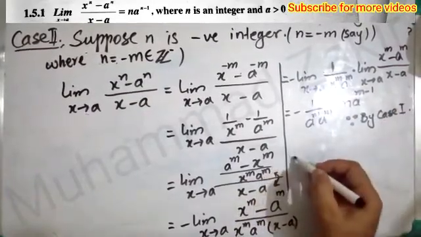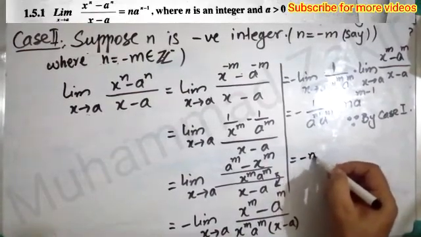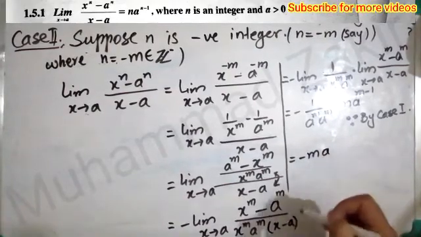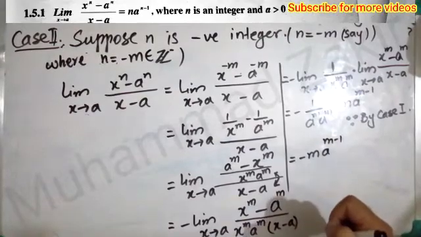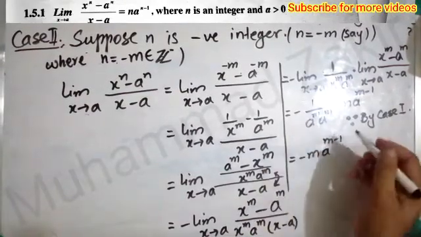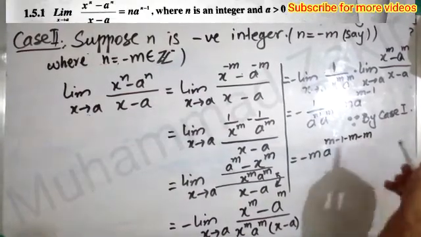Now we can write minus m, numerator value. A is written at the 3 places, we write a here, m minus 1. The denominator's a power m rises into the numerator with a negative sign, minus m.